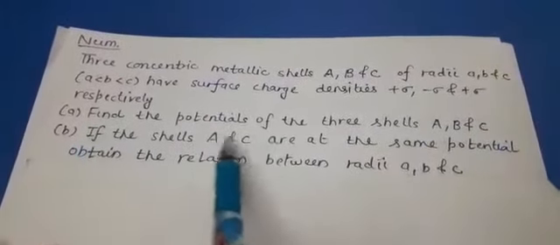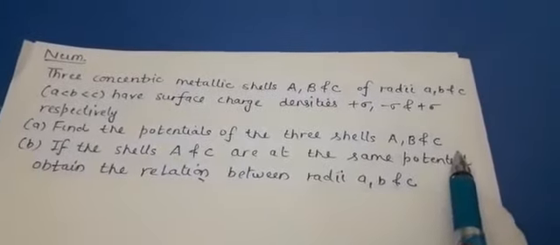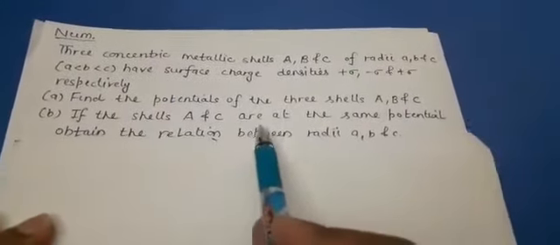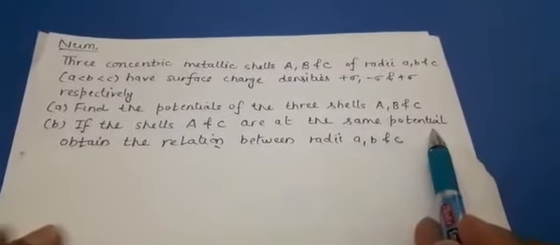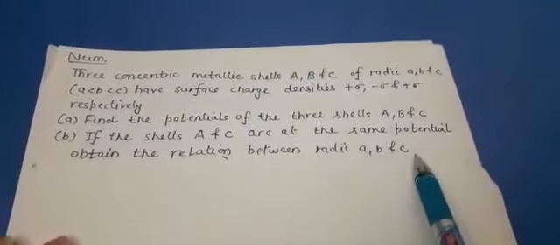Find the potential of the 3 shells A, B and C. Independently you have to calculate the potential of A, B and C. If the shells A and C are at the same potential, obtain the relation between the radii a, b and c.